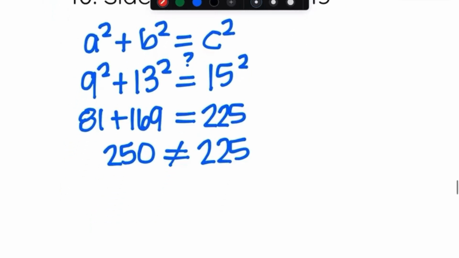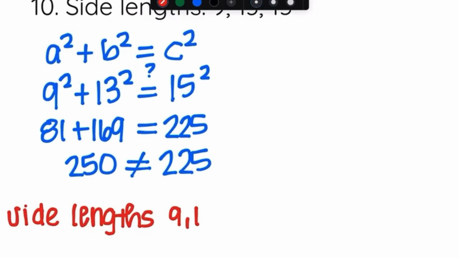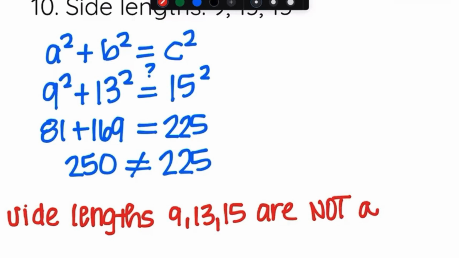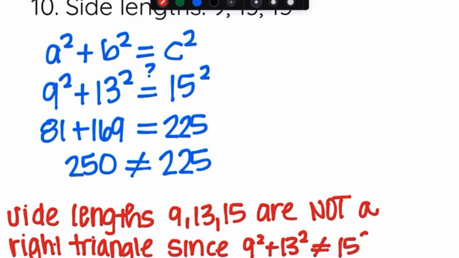Therefore, side lengths 9, 13, 15 are not a right triangle since 9 squared plus 13 squared is not equal to 15 squared.